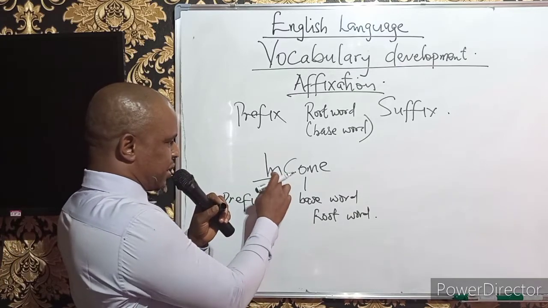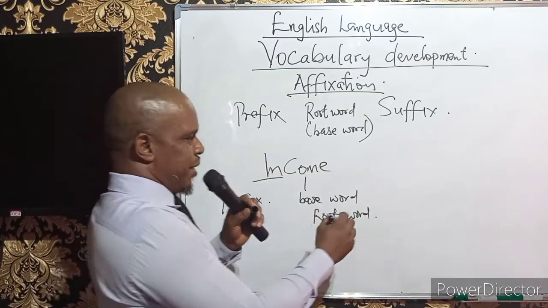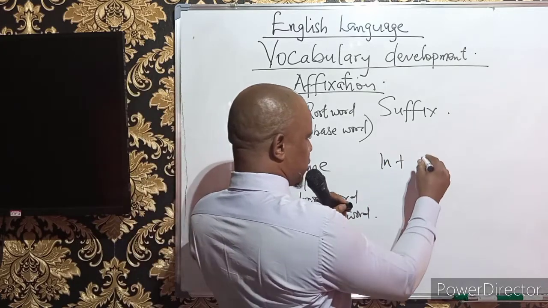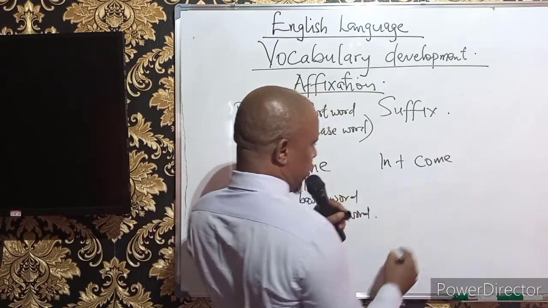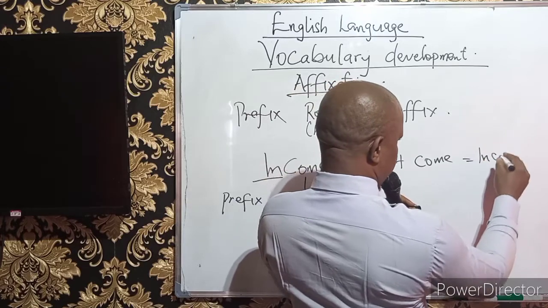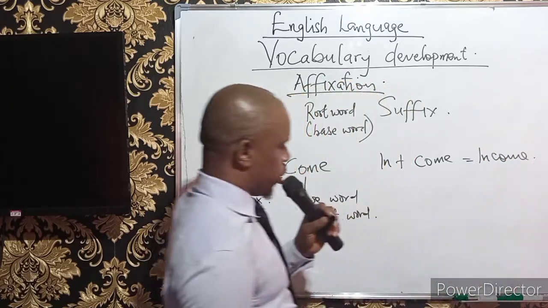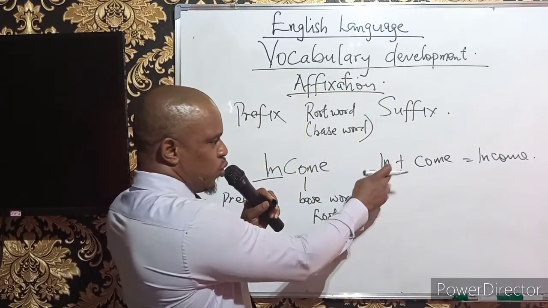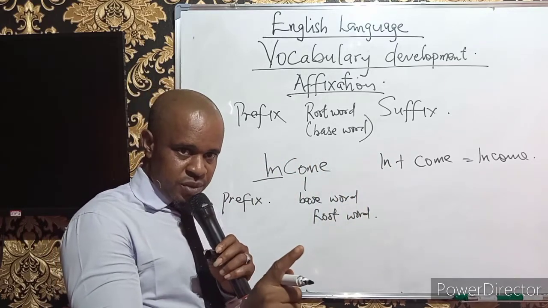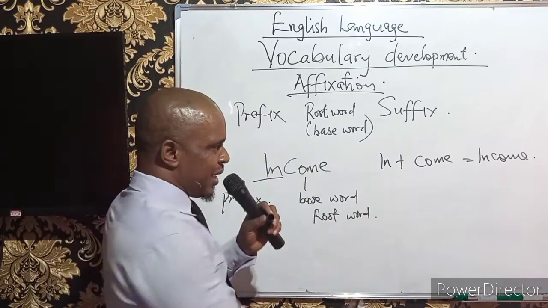This is a prefix, in and come. That means we have in plus come to give us income. So here we have in, which is a single word, meaning a different thing.